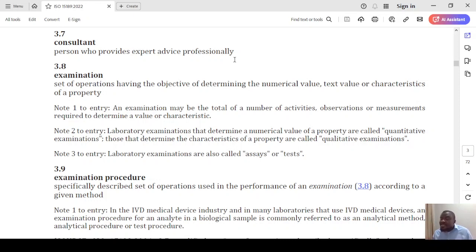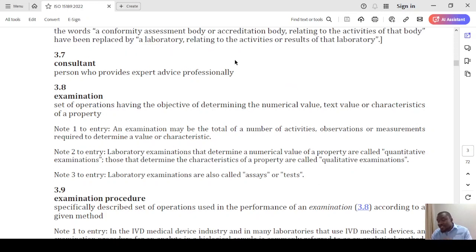Now the key thing is that you are supposed to give feedback to the complainant, because a complaint is information, there's somebody who is giving the information, and then they're supposed to be given feedback. So in case there is no feedback, the lab might get a non-conformity, or in case there is no means, because maybe somebody raised the complaint but did not record their phone number.